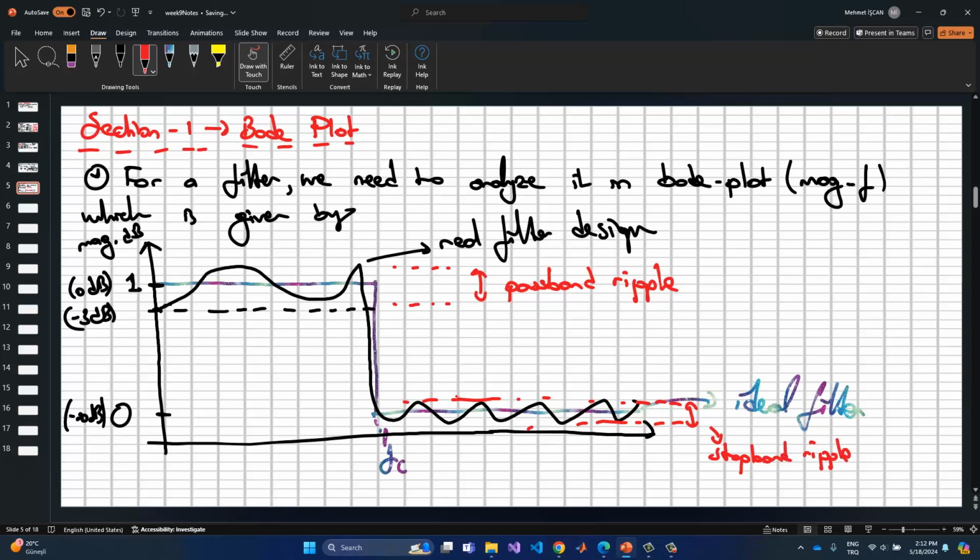This is a ripple or the fluctuations in the magnitude and the power form of this filter design, okay? And so also we can draw these terms in here just like this one. So this is the fastest decrease in here, and so this is called the transition width.